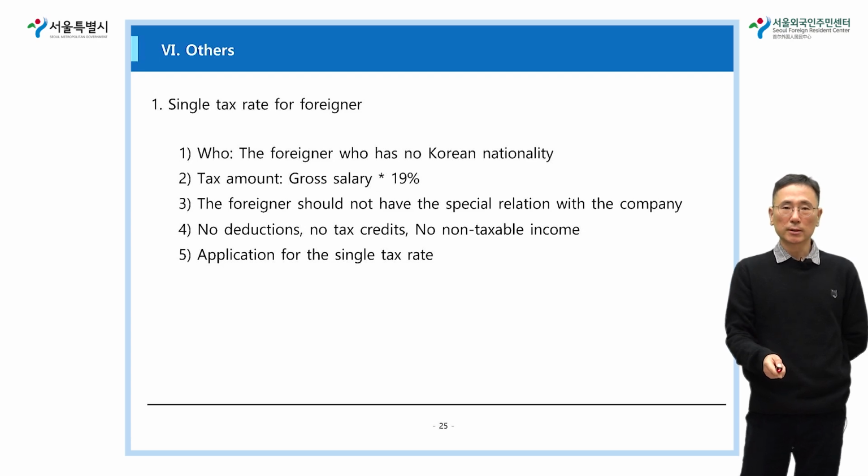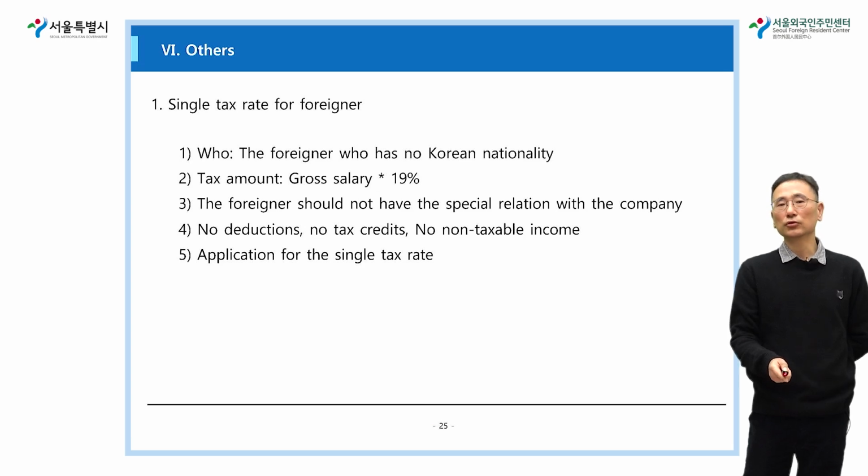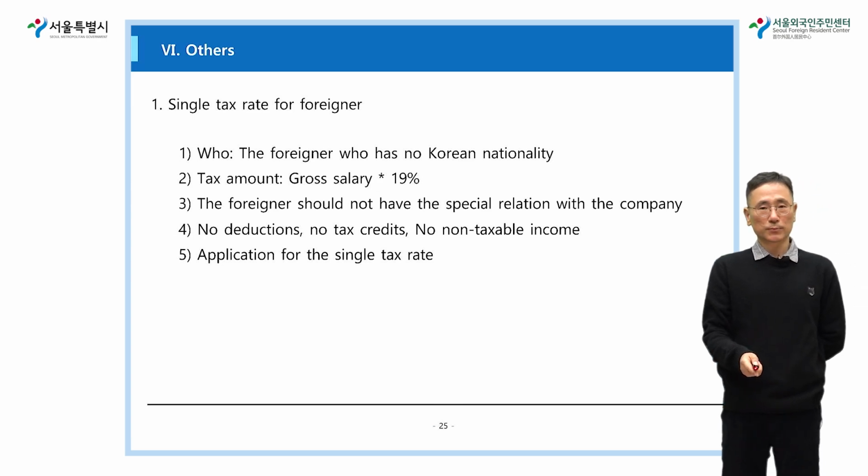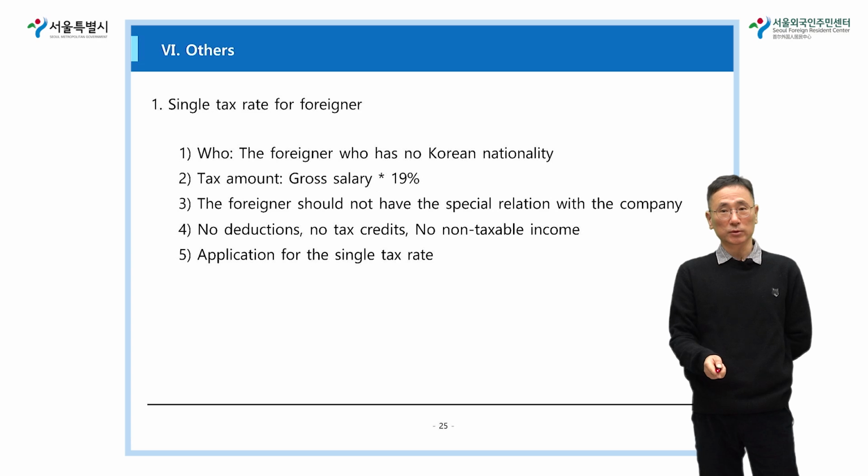If you are a shareholder of your employer, the company, then you cannot apply this single tax rate. You should not have a special relation with the company. Or your spouse is the president of the company and you are the employee. Then you cannot apply this single tax rate.